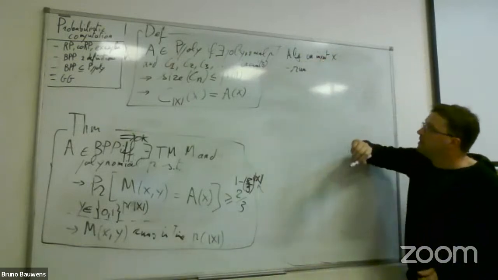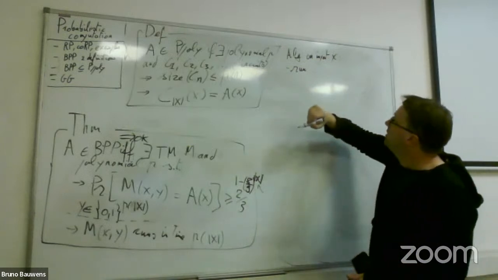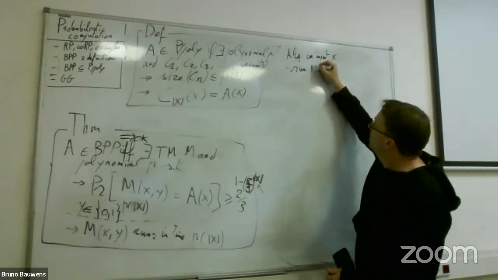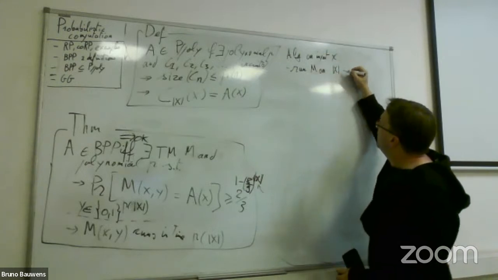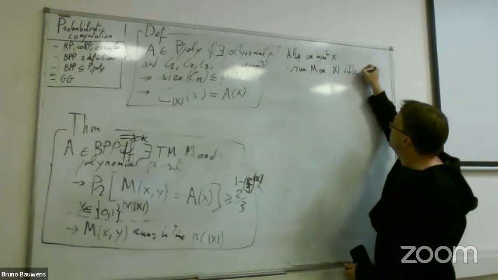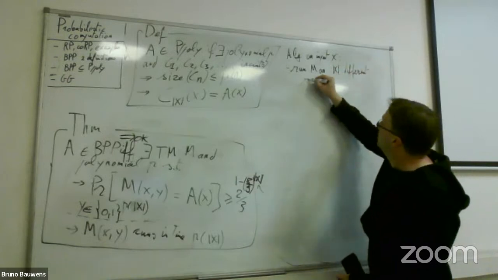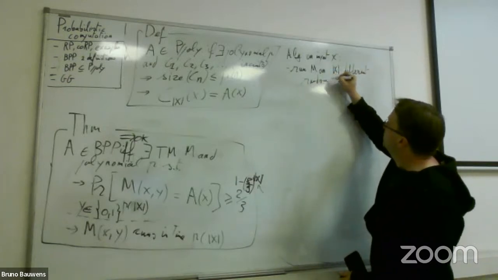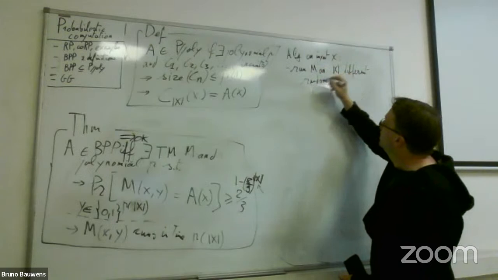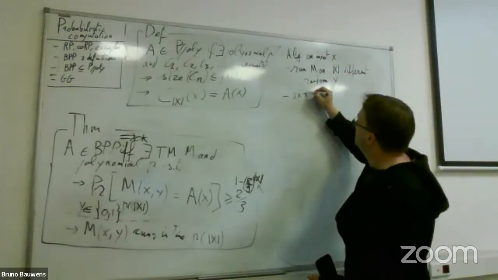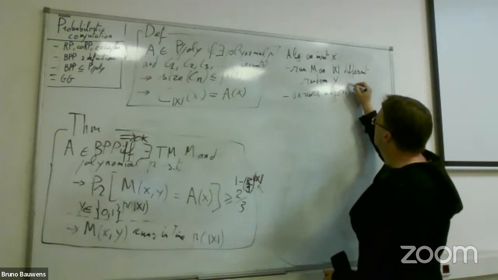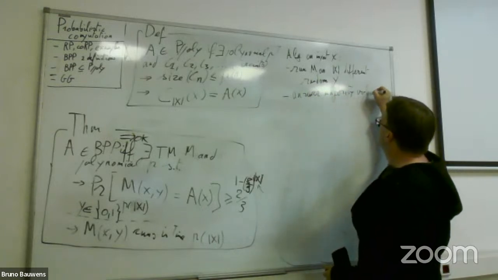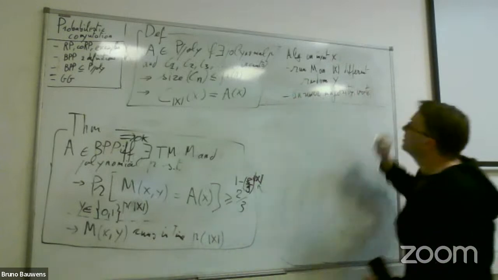Run M on x with length of x different random y. Answer by majority vote. That's it.